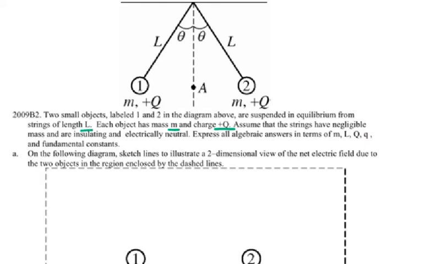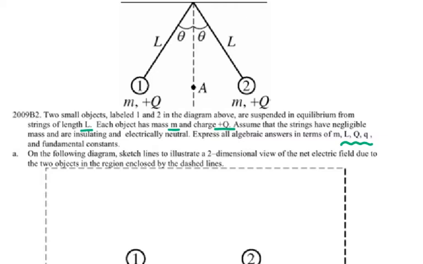Assume that the strings have negligible mass and are insulating and electrically neutral. Express all algebraic answers in terms of the information that is given, which is L, little q, probably another charge is going to appear somewhere, the big Q, and fundamental constants.